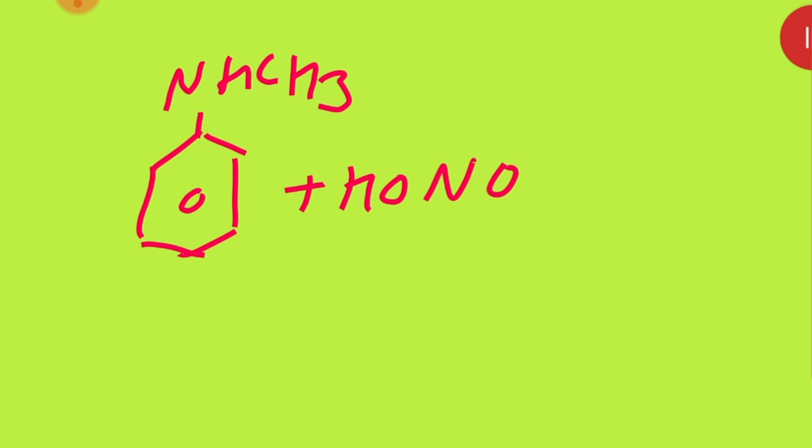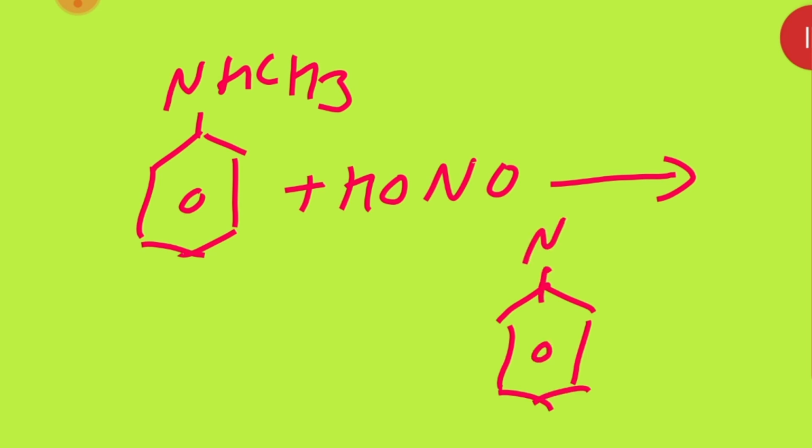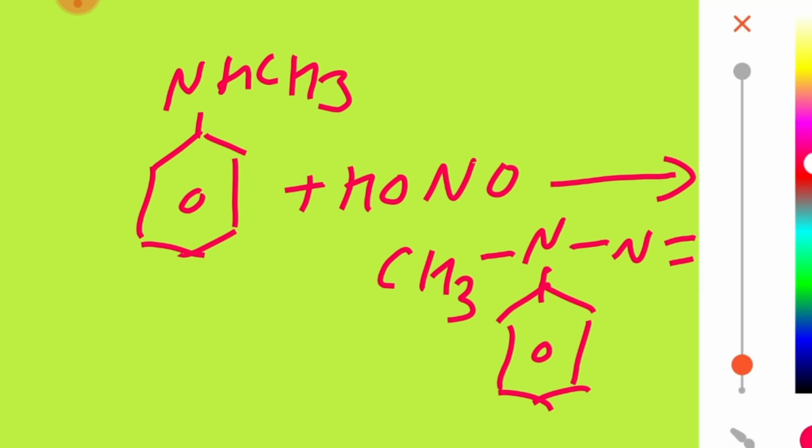Clear? Same way we can do it with the aromatic ring also, that is NHCH3 plus HONO, arrow. There will be formation of, okay, I think you know very well how it is formed.